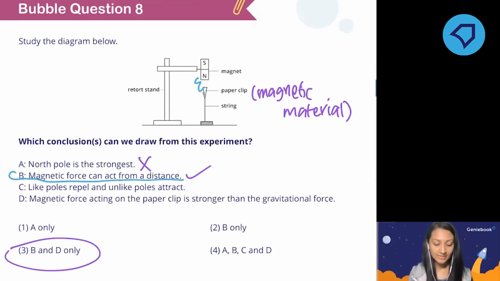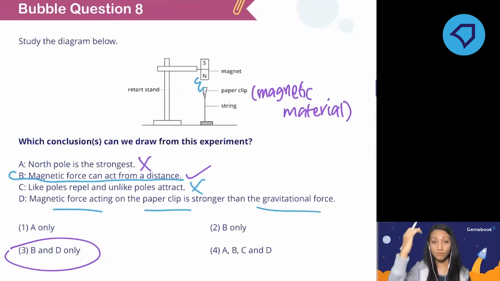Then for C, like poles repel, unlike poles attract, even though it is a correct statement, it's not a correct conclusion because there is only one magnet shown in this experiment. So it doesn't show any repelling or attraction between this magnet and another magnet. That's why we don't accept this answer. And then the last part, yes, the magnetic force acting on the paperclip is stronger than the gravitational force.